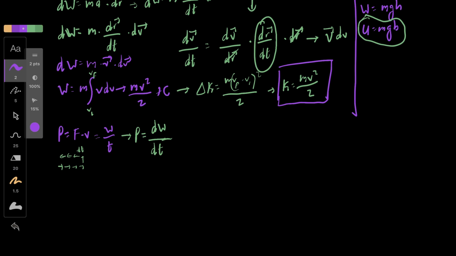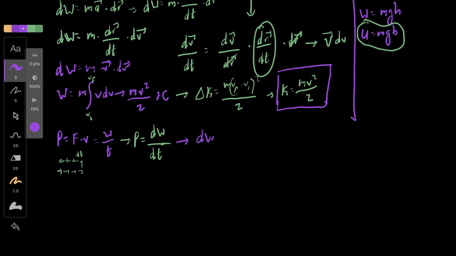Another way to write that would be dW is equal to P dt, and from there you can even prove that power is equal to force times velocity, using the fact that dW is also equal to m times dr by dt times dv, and solving from there. It is very interesting to see how this all relates and connects together, and I feel like it is very important to know how power is connected to the rest of these.